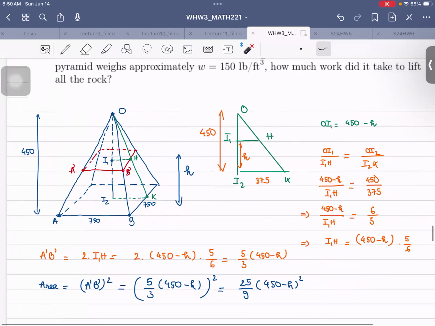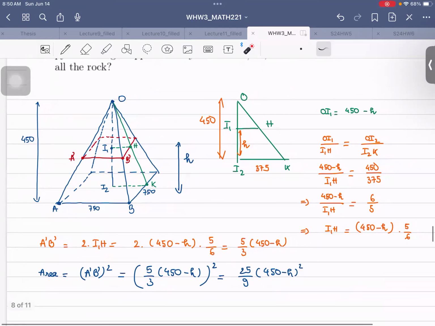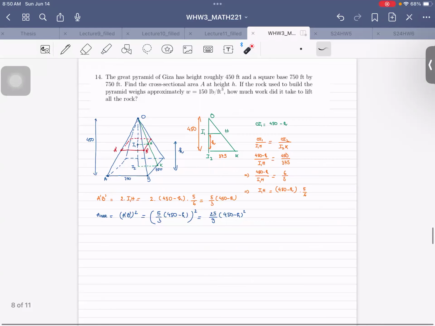For the last layer, you don't have to move it a lot, but as you keep going upward, you have to move the layer of rock a longer distance to put it on top of the other layers. So each layer of rocks will have a different distance to travel when you build the pyramid of Giza.